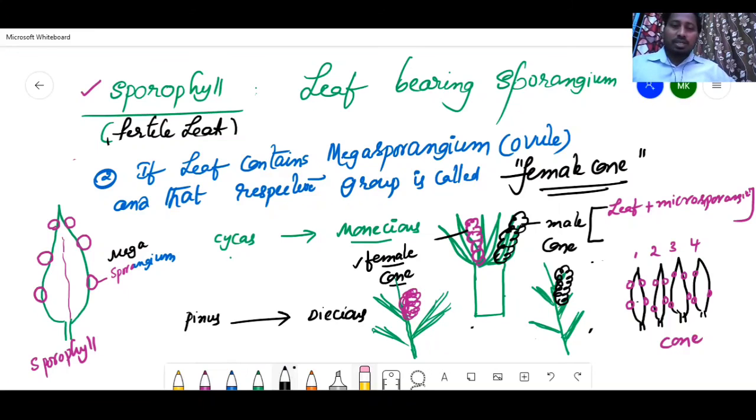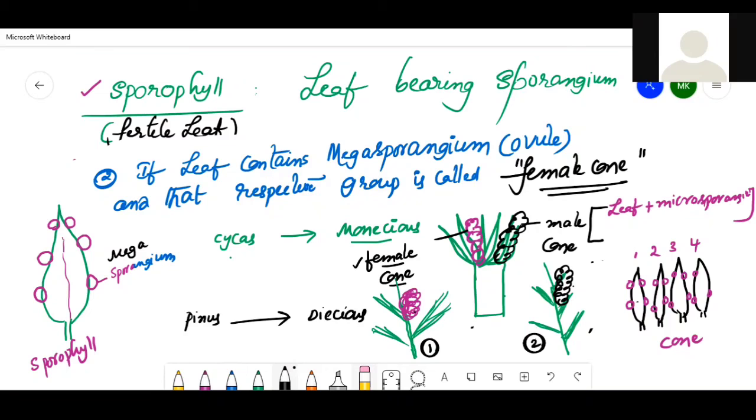This is dioecious. This is one plant, this is another plant. This is a female plant as it has female cone, and this is a male plant having male cone. Hope this is clear.